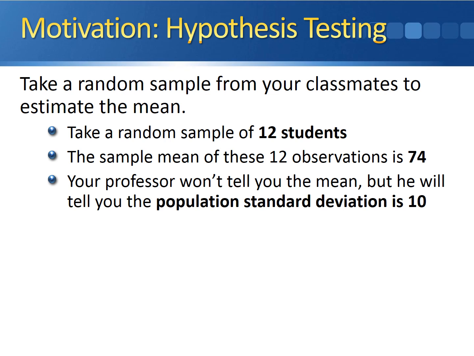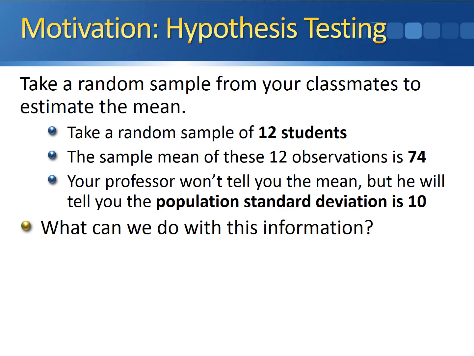Your professor won't tell you the population mean, but he will tell you that the population standard deviation for the class is equal to 10. Now what we have is a sample size, 12, a sample mean, 74, and a population standard deviation of 10.